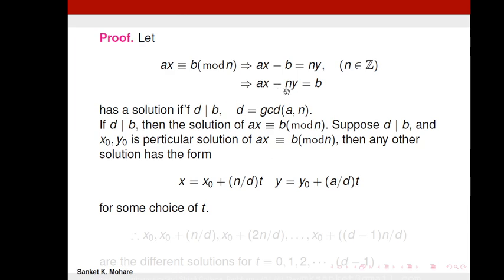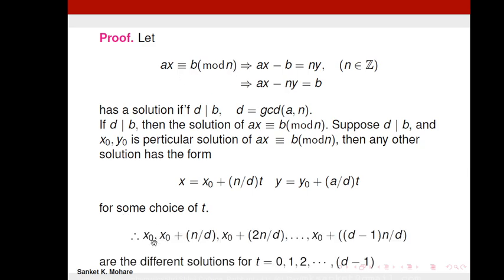As ax − ny = b is a Diophantine equation, it has a solution whenever the GCD of a and n divides b, and if I choose a particular solution x0 and y0, then all other solutions are in this form. These are all the other solutions of this congruence.